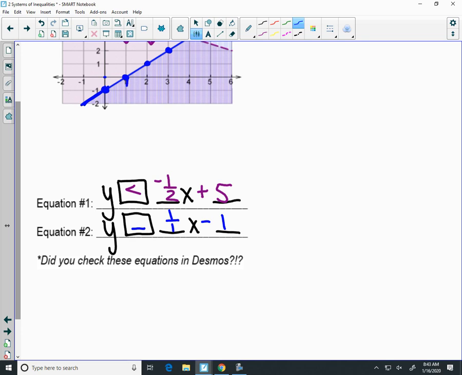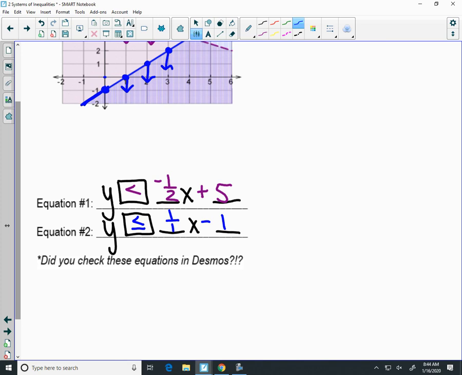And again, we're shaded below. And if you ever need help, I know sometimes our copier doesn't do a phenomenal job of showing you where the shading is. So if you're ever unsure about where the shading is, just ask. So again, we're shaded below, so we're going to do less than. Yep, less than or equal to.